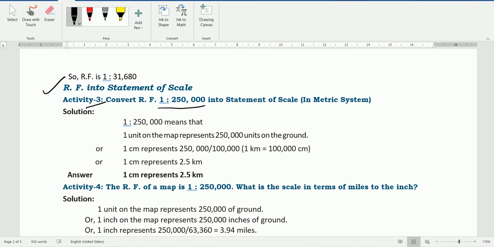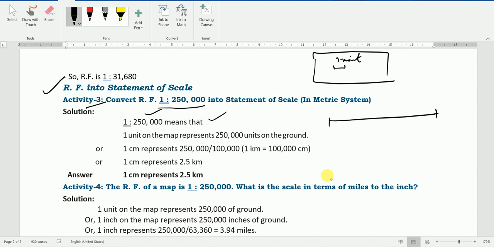So 1 is to 250,000 means that a unit on the map represents 250,000 units on the ground, just as we learned earlier. Here this is the map, and a unit of distance on the map represents 250,000 units of distance on the ground.